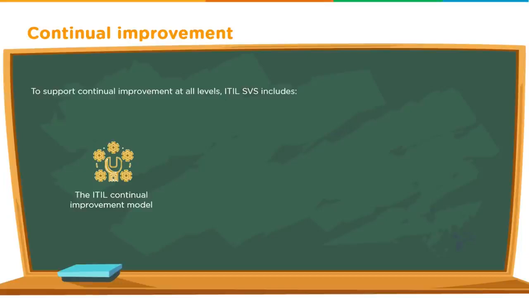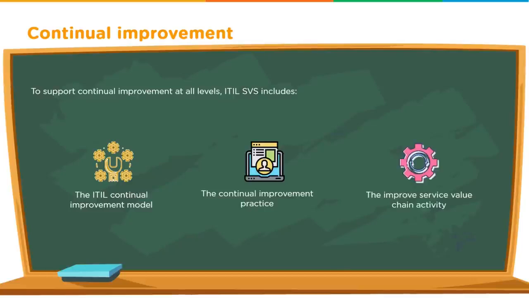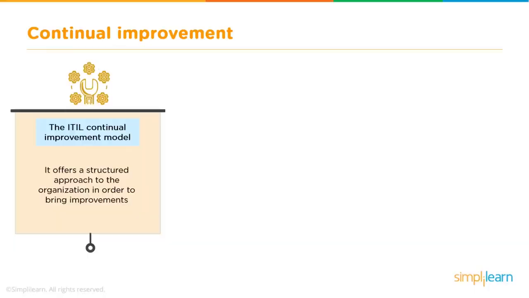So it supports continual improvement at all levels. The ITIL service value system includes the continual improvement model, which has the continual improvement practice and the improve service value chain activity. The ITIL continual improvement model provides a structured approach to the organization in order to bring the required improvements on a regular basis.